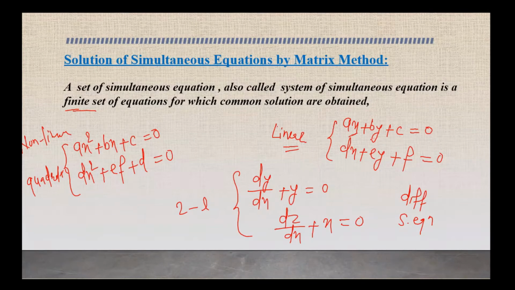Here x and y are the unknown variables, so we have to obtain the values of x and y such that the solution is satisfied by all the given equations, which is the common solution. This type of equations is said to be simultaneous equations.